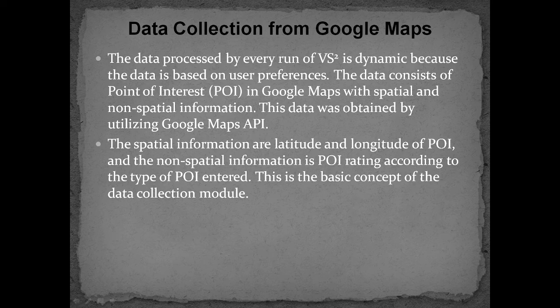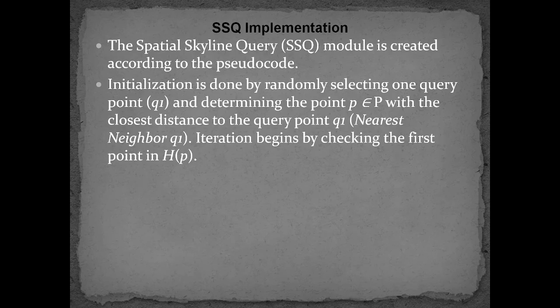This data was obtained by utilizing Google Maps API. The spatial information is the latitude and longitude of POI, and the non-spatial information is the POI rating according to the type of POI. This is the basic concept of the data collection model.